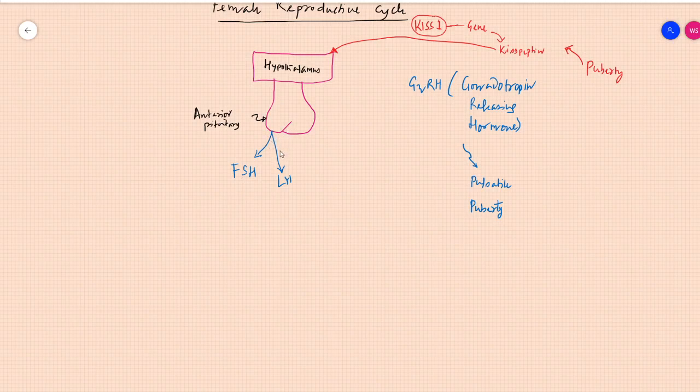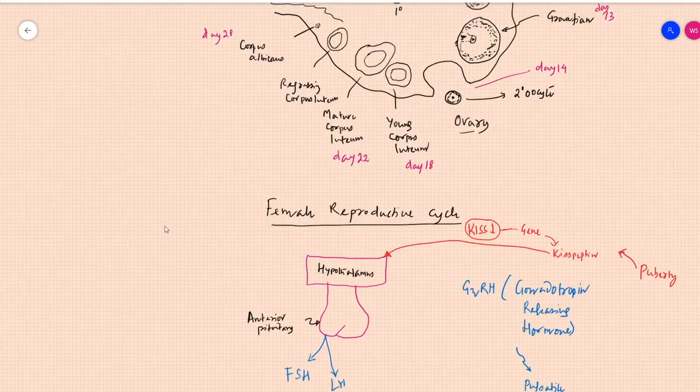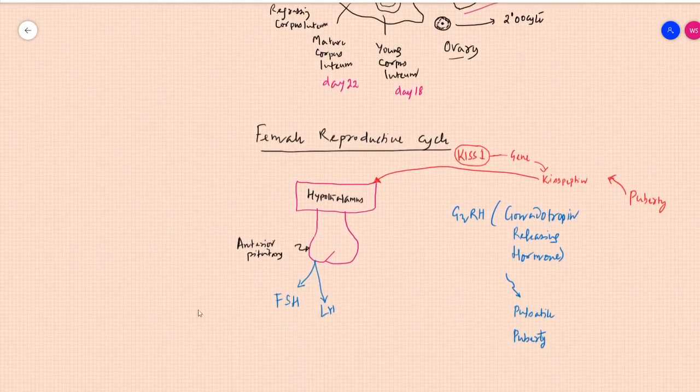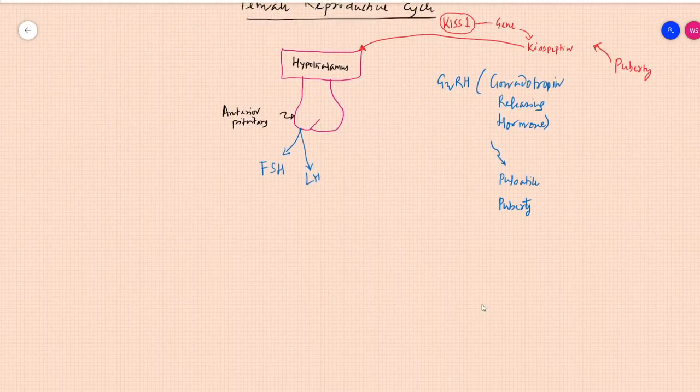We have talked about what happens during embryogenesis, how a follicle is formed. We have talked about all those aspects of development. So now we are taking this story further. We are now seeing a primordial follicle in an ovary, and we are taking the story of what happens next.